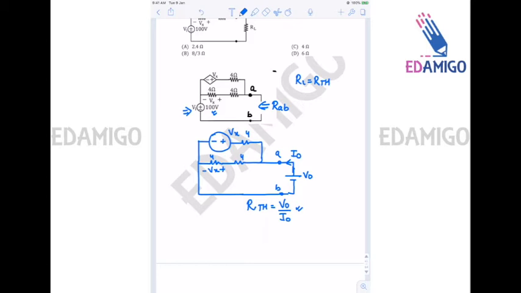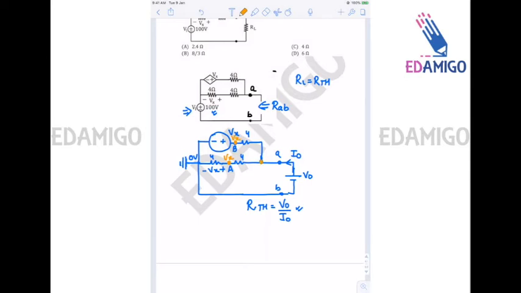Let us assume that this node is grounded, so this is at 0 voltage. Let us assume that this node is B, this node is A. From the given conditions, node A is also at potential Vx, and node B is also at potential Vx.